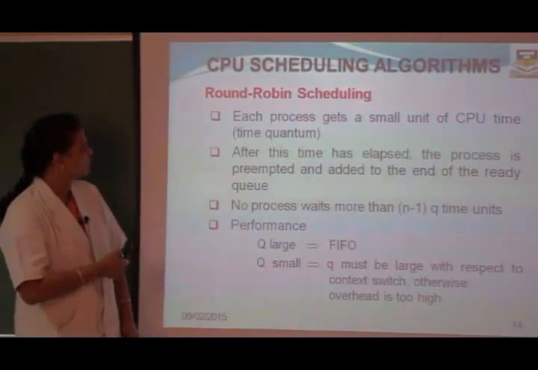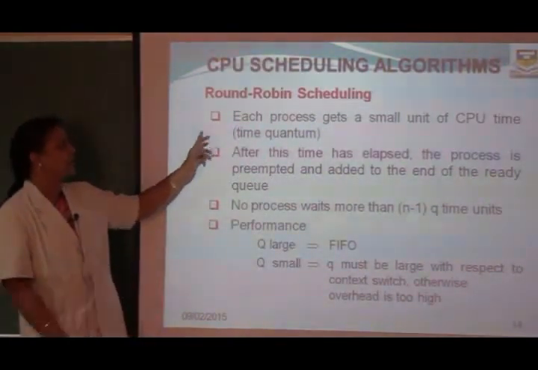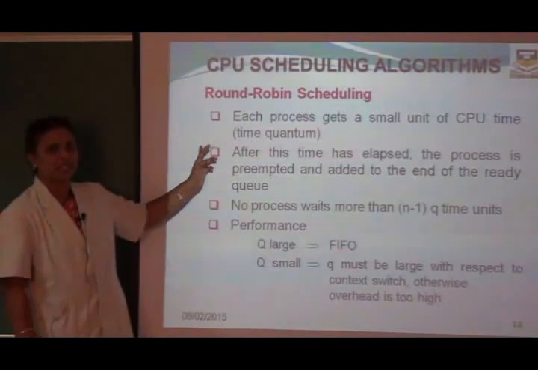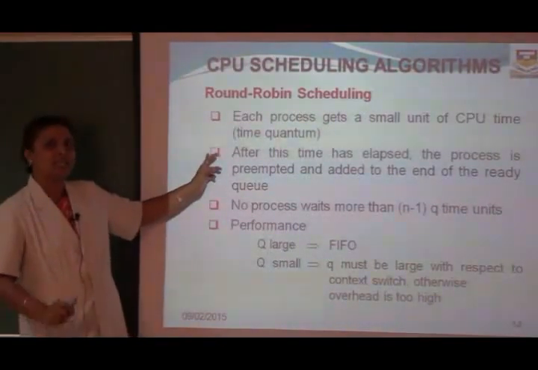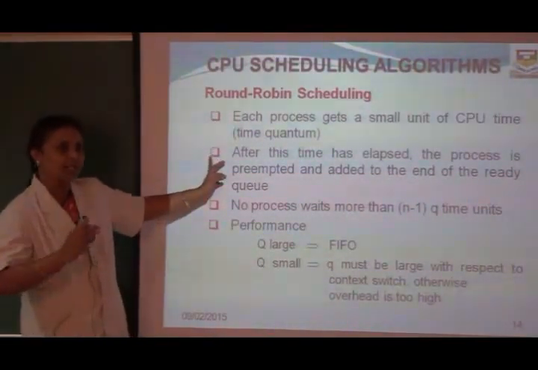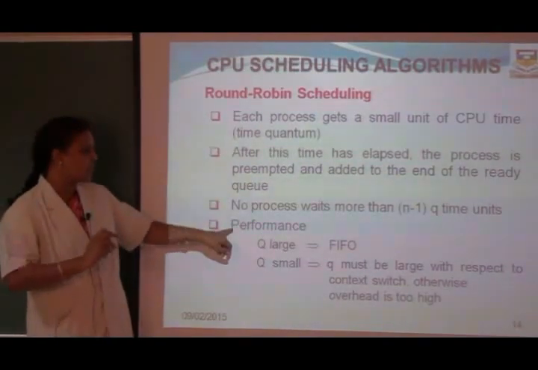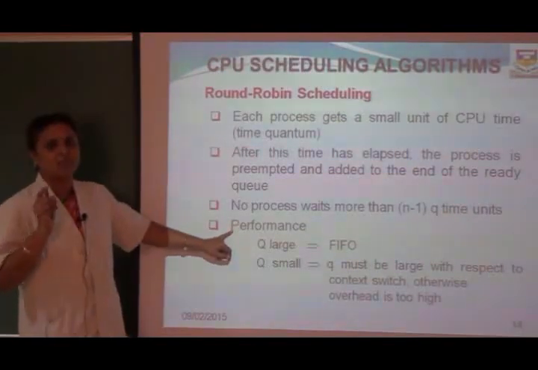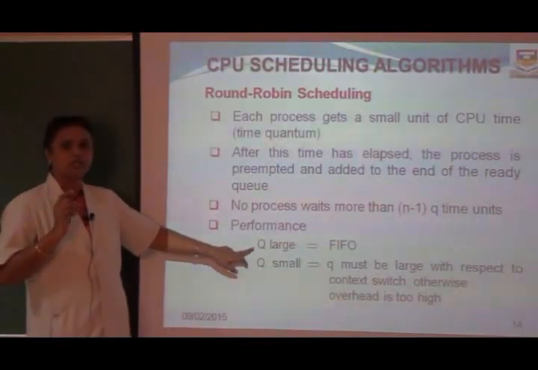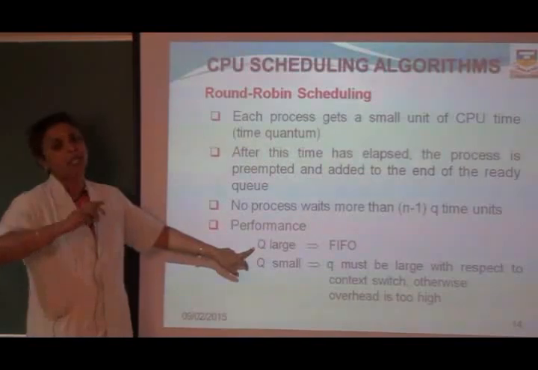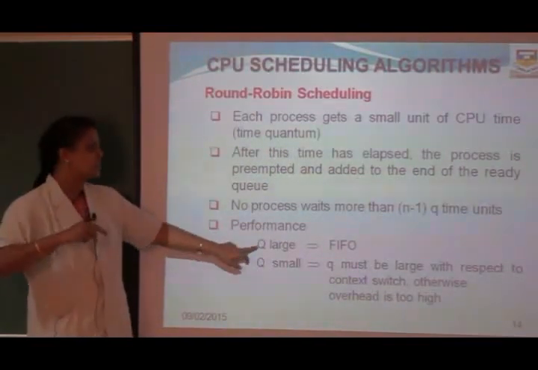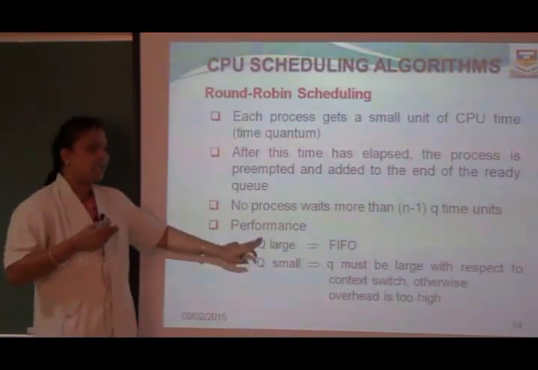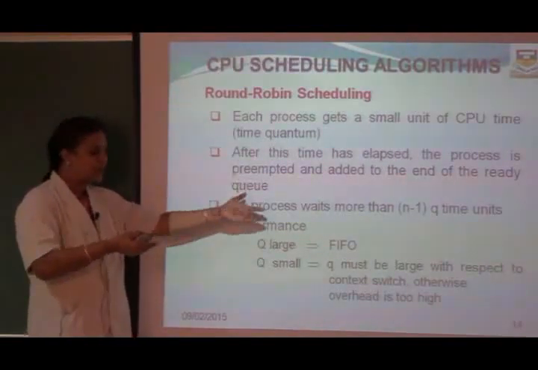The important feature of round robin scheduling is that every process gets the CPU equally, and the performance of this algorithm is based on the time quantum fixed by the operating system. That time quantum should not be too low or too high. If it is too large, this algorithm will become FIFO.